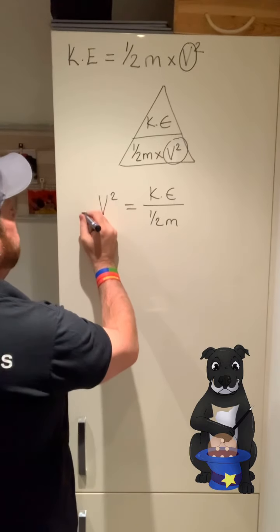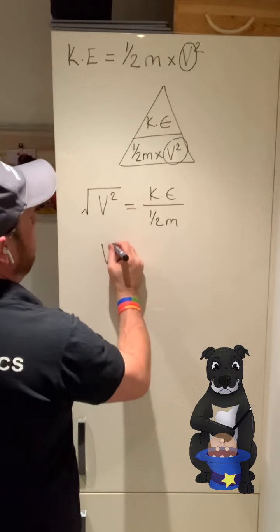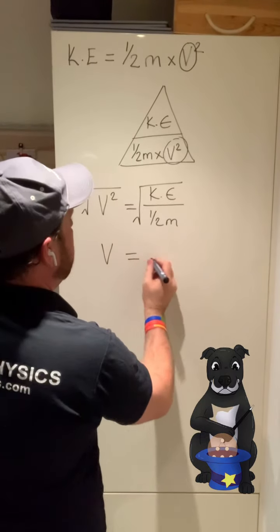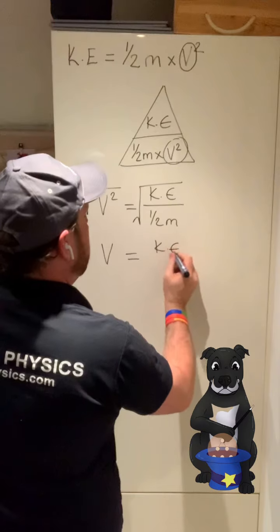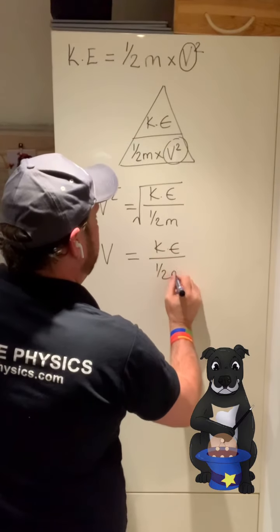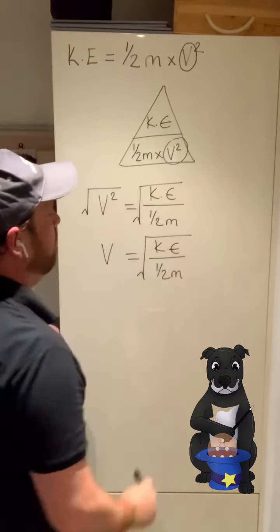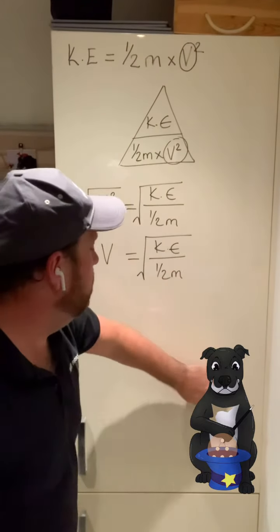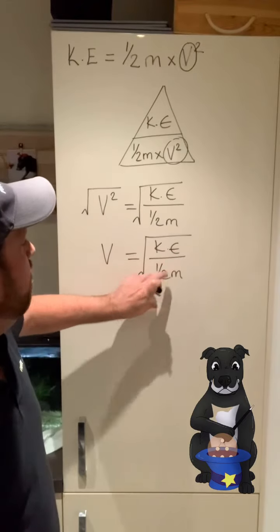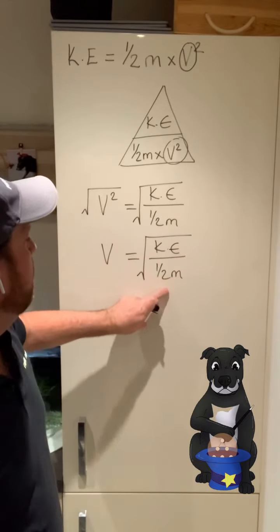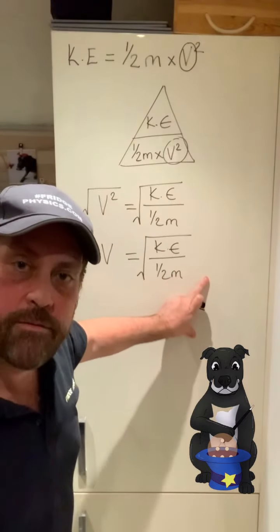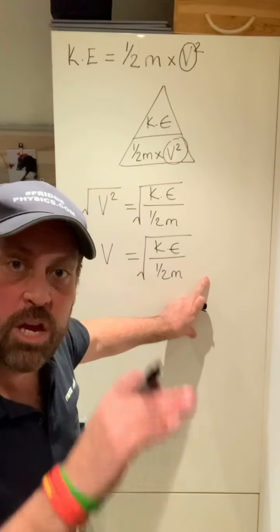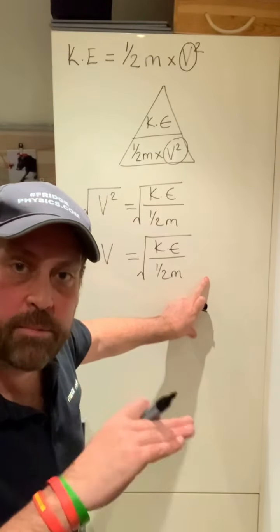So V equals the square root of KE divided by half mass. You pop in your numbers from your question, and when you've got your answer, you just square root it, and that will give you the final answer for V. It's quite straightforward, just follow it step by step.